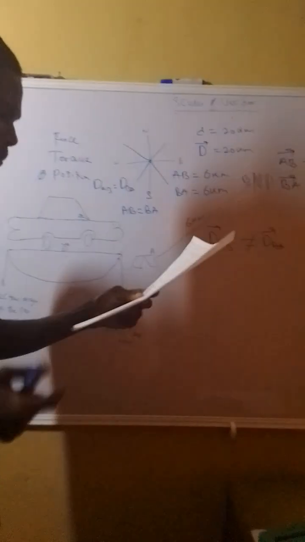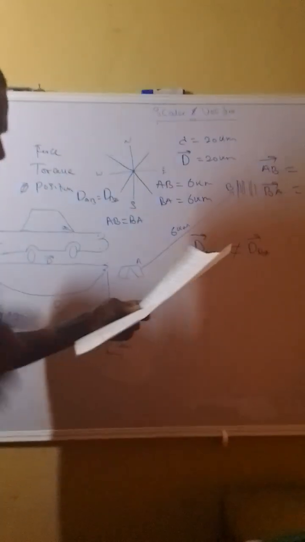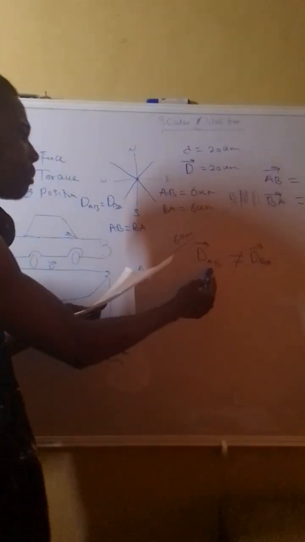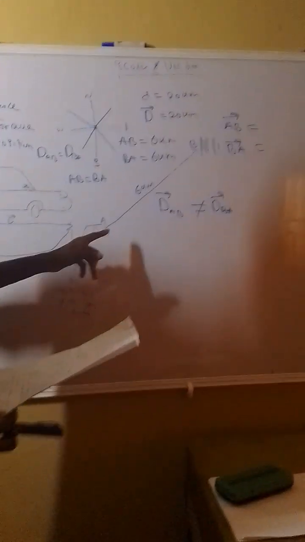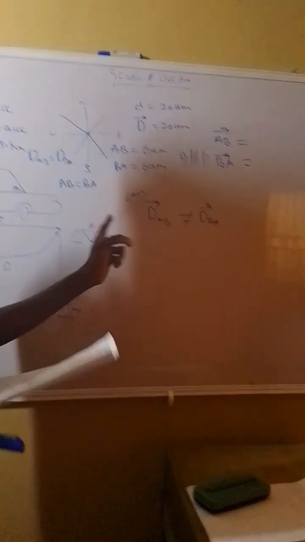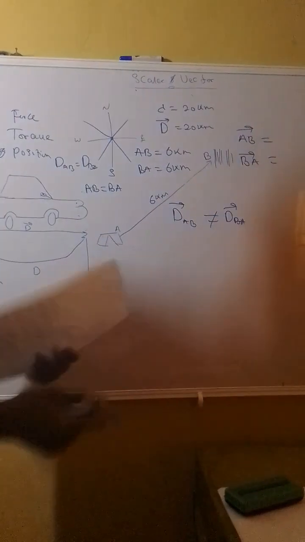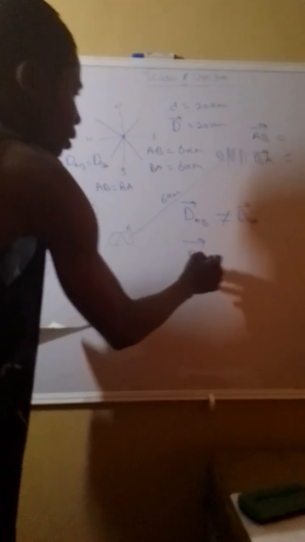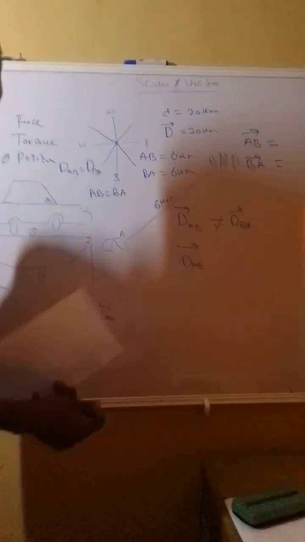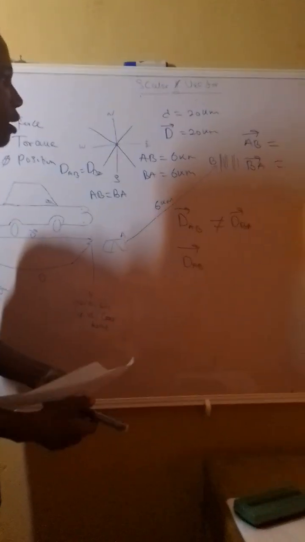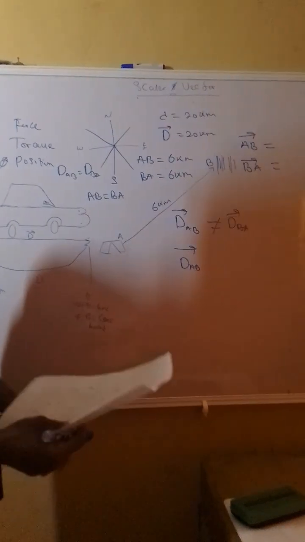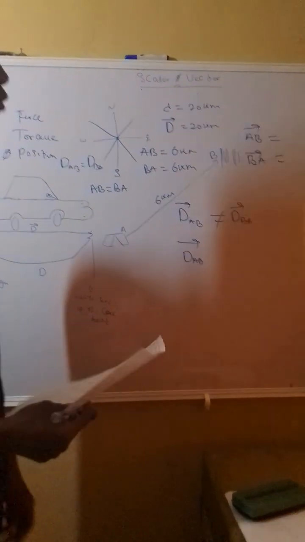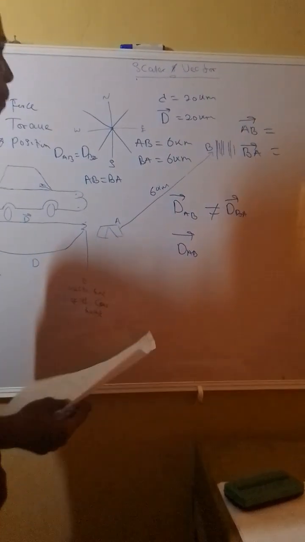Now, why do I say that vector AB can't be equal to vector BA? It is simply because the guy moves in the opposite direction coming back. So the vector AB goes to meet the key, because his brother told him to look inside the bush in the midst of the forest for just an ordinary key.